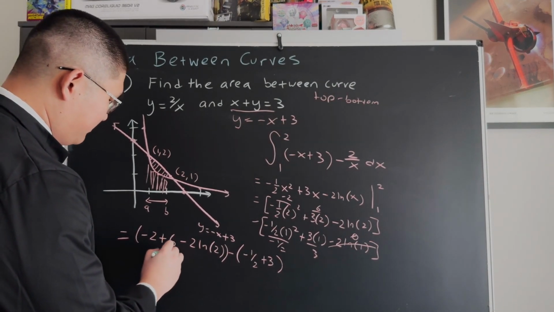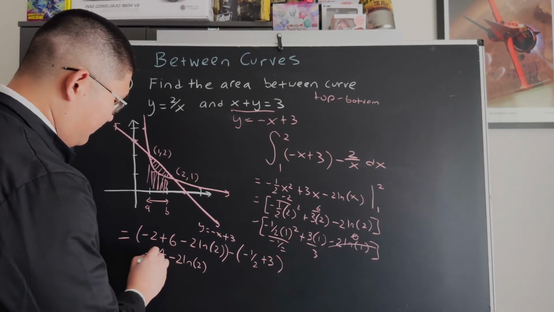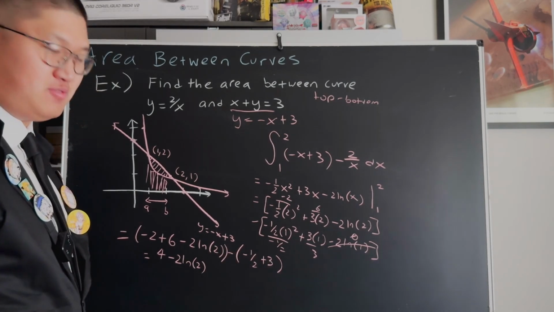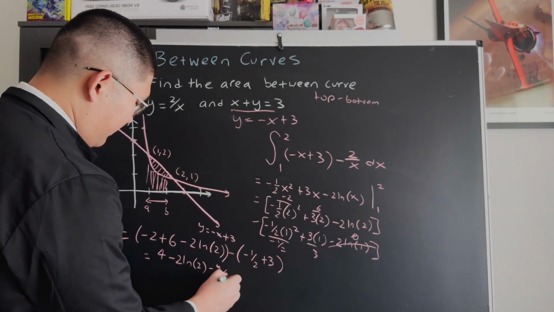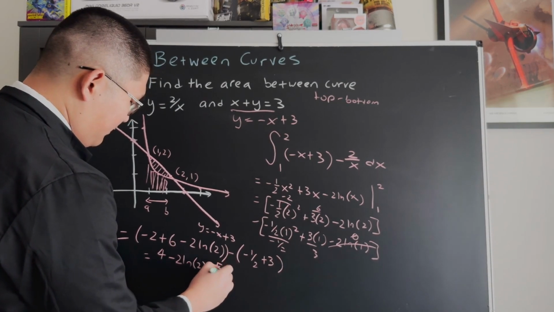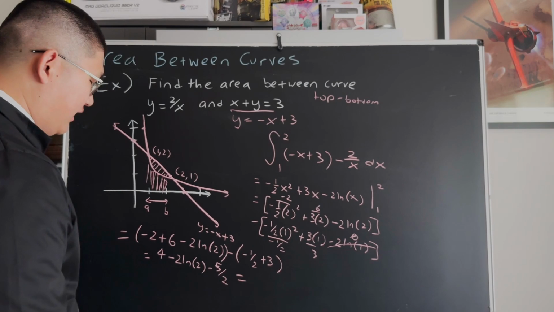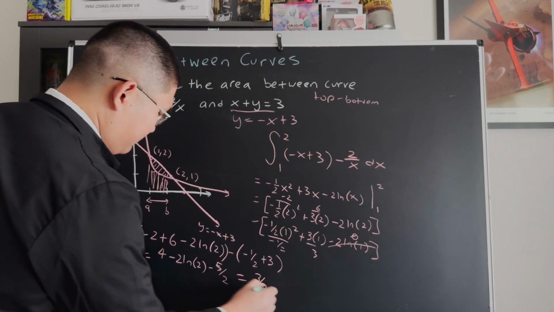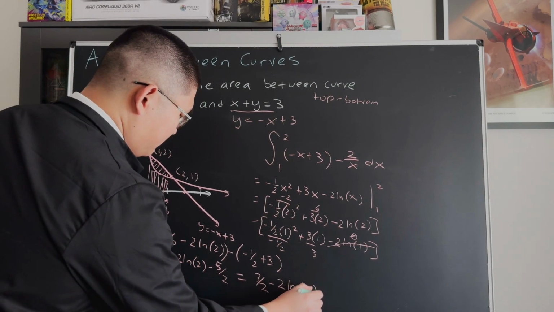So we get a +4 minus 2 times the natural log of 2, and then we finish off with a 3 adding a -1/2, which gives us 5/2, but it's still being subtracted, so we keep that in mind. Okay, and then lastly, with 4 minus 5/2, the last two combinable terms here, that will give us 3/2 minus 2 times the natural log of 2.